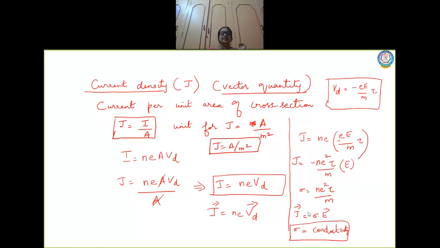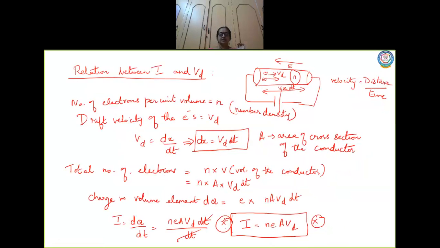Now through this current density and current formula, we are relating current density and the electric field by this term which is called conductivity. Now go through all the topics we have discussed. The first topic is the relation between current and drift velocity.